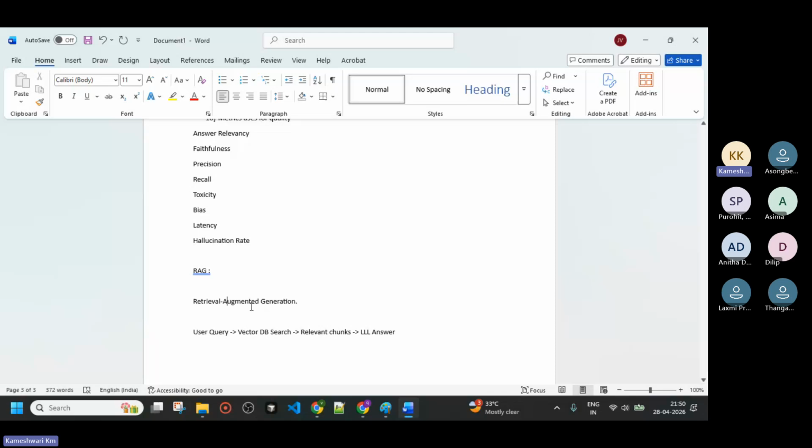How does it do this? The local data is converted into vectors and stored as chunks in the vector DB. Then when the user asks a query, the user query is also converted into a vector. From there it makes a search and retrieves the matching chunks.